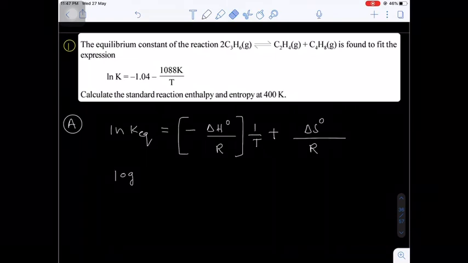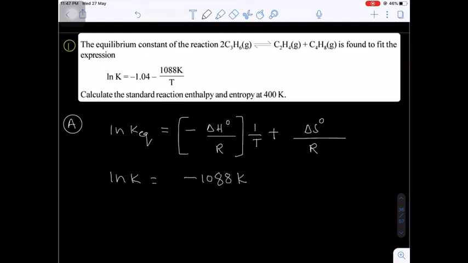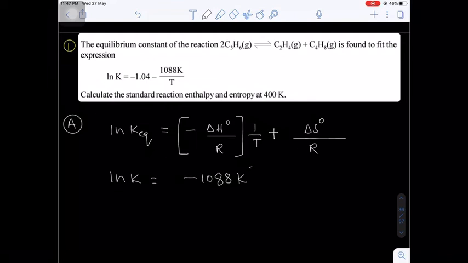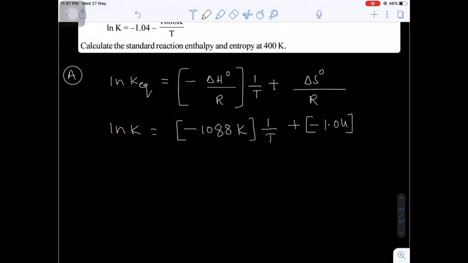Now the given expression: this is the ln K. Now I am writing 1088 Kelvin upon 1 by T, plus I am writing minus 1.04. Now compare these two expressions.